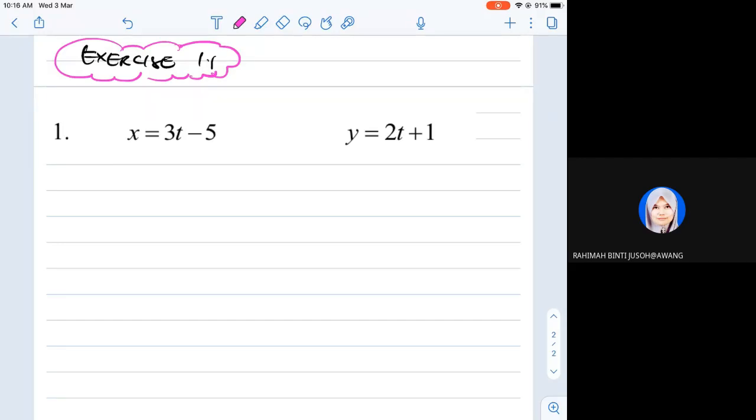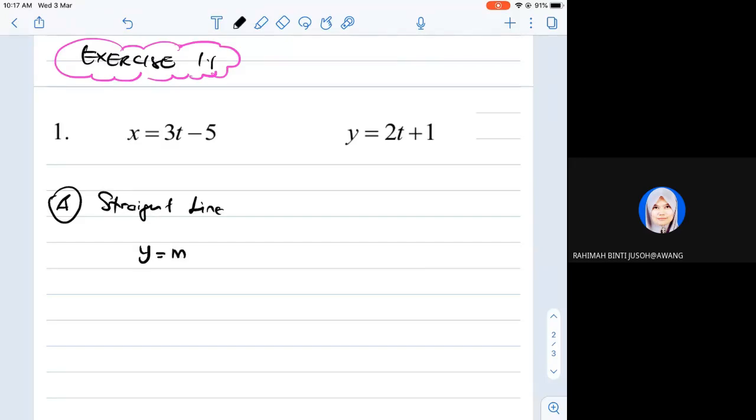Actually, we have a few types of graphs, a few types of curves. So before I answer this question, I'll give you a few tips. The first type of question is the straight line. In order to sketch a straight line, you can use y equals mx plus c.